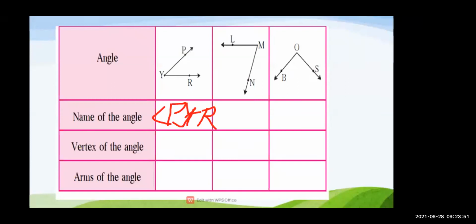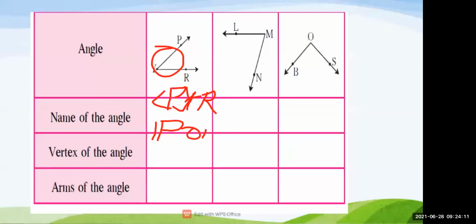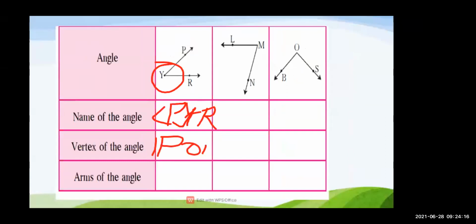Now, here in this figure, the vertex is Y. So, you are going to write point Y. Now, last is arms of the angle.